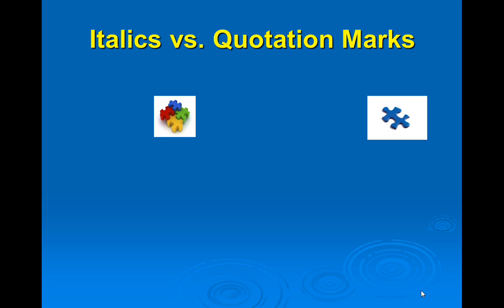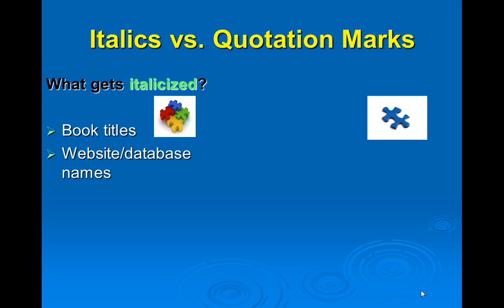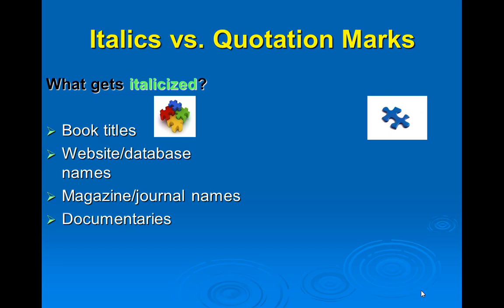So the general rule is that big things get italicized, so big things that can be broken into smaller pieces. So a book title, a website or a database name, a magazine or journal or newspaper name, a documentary, a movie, TV show, CD, all of those things are big things that can get broken down into something smaller.